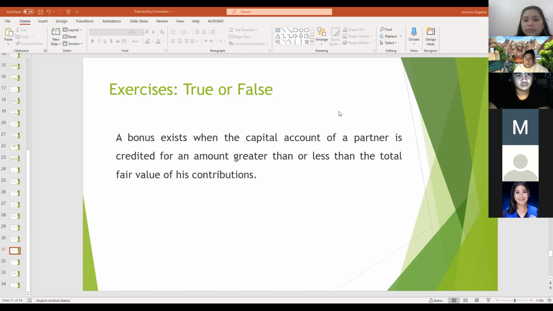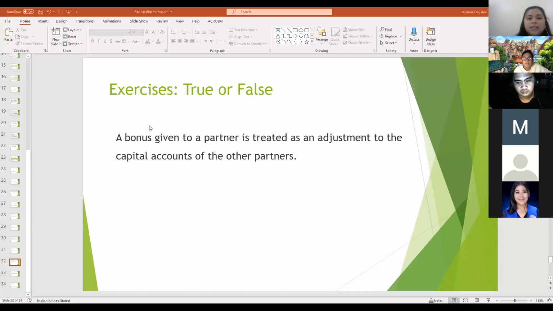True, ma'am. So, ito yung pinaka-definition ng bonus, di ba? Number 5, a bonus given to a partner is treated as an adjustment to the capital accounts of the other partners. True or false?